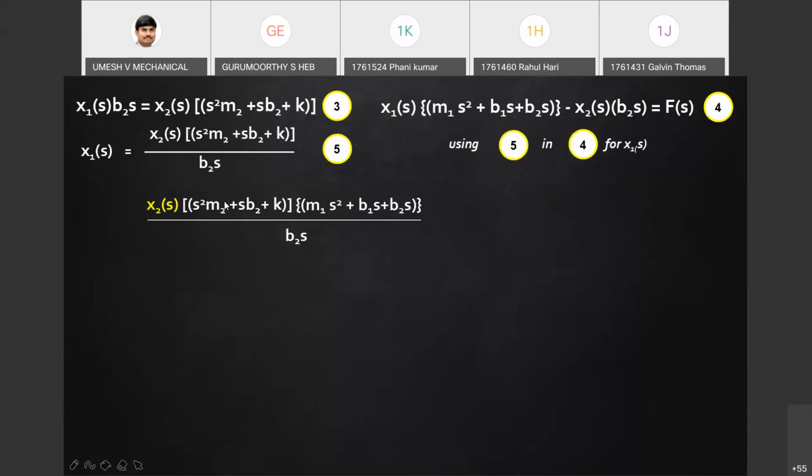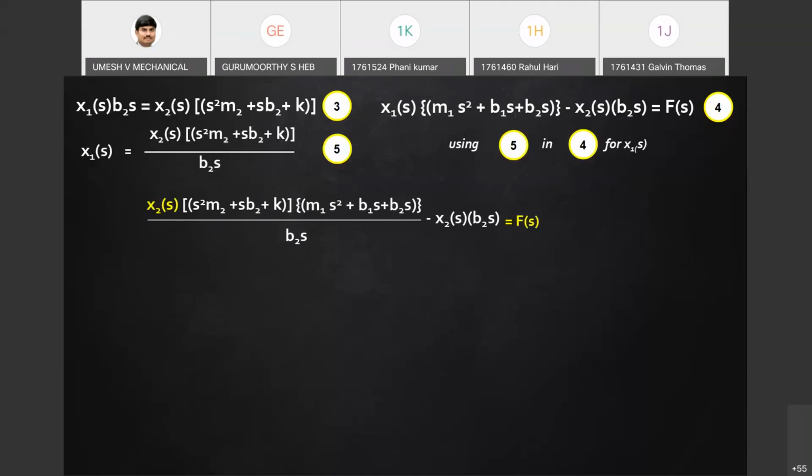Square m2, m1 s square plus b1 s plus b2 s. You can see that, just minus x2 of s into b2 s. Okay, this is one equation.